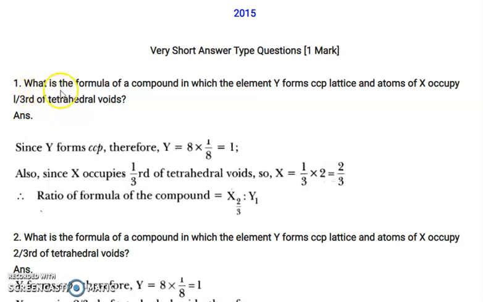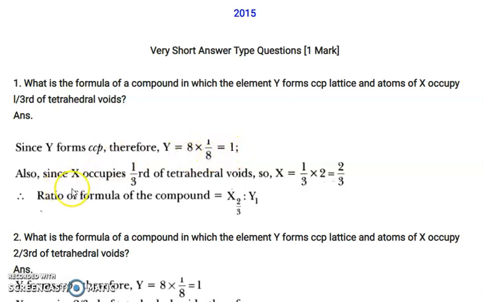Like this: What is the formula of a compound in which the element Y forms a CCP lattice and atoms of X occupy 1/3 of the tetrahedral voids? How do you answer? Since Y forms CCP, Y is equal to 8 into 1/8, which is equal to 1.